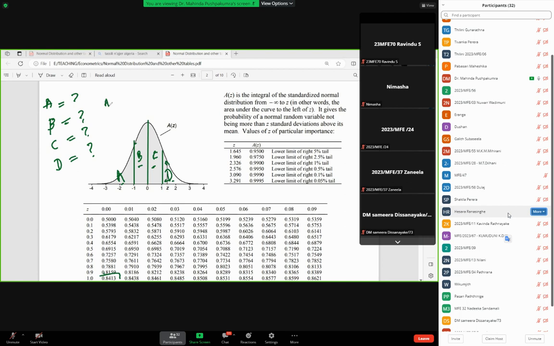That means A plus B plus C is equal to 0.8413. Is it clear? This way. That means this area.